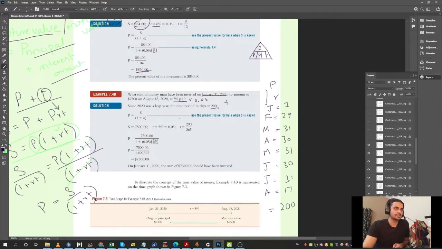So that's 200 days. So you just plug it into the principal or present value formula, P equals S. So the future value of the investment is $7,500. So you just plug in $7,500 divided by 1 plus rate of interest 0.05, 200 over 365. You multiply them all together and you're left with $7,300.